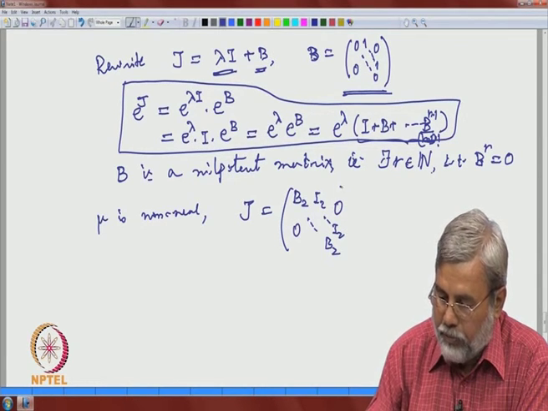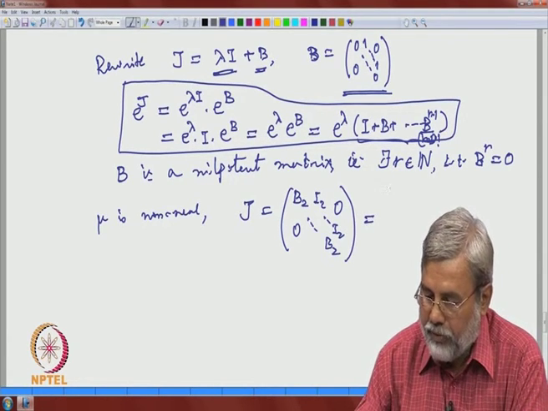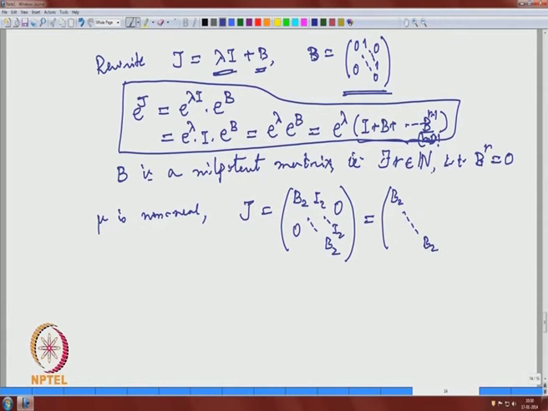Still we can use the same idea, so we will write it as this B2 plus again the same thing with 0 and I2 blocks.